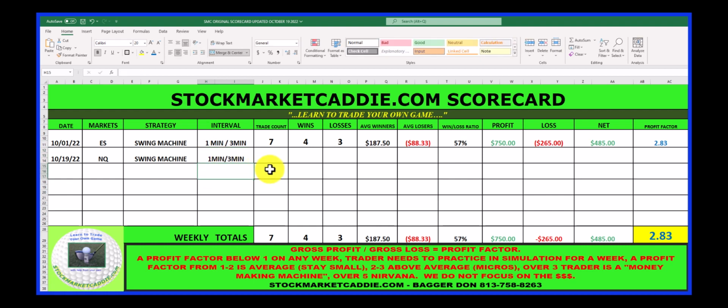Now the total trades I don't need to put in, because I'm going to say that I have 5 winning trades. You can see it begins to populate. And I'm going to say that I had 2 losing trades. So you can see that the total trade count gets populated. It updates down here, and then it automatically calculates our win-loss ratio.